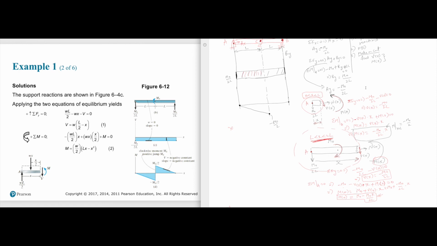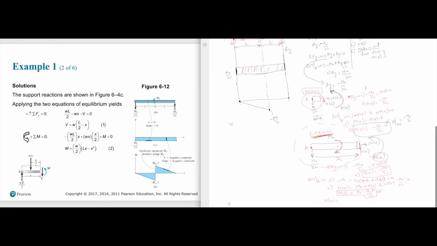So what is the moment at x equal to L? Plug in x equal to L, you get M naught minus M naught L over 2L. You get M naught minus M naught over 2, which is M naught over 2.